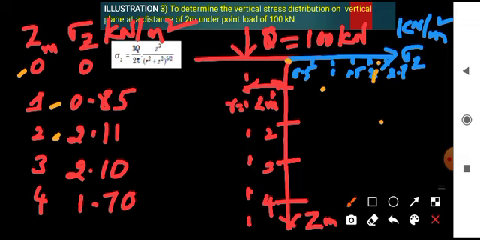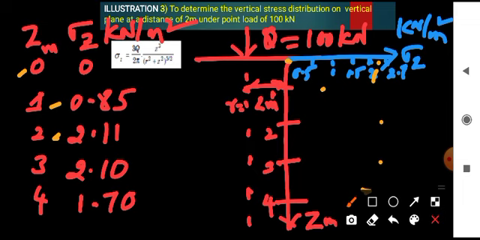Next 2.10, slightly less than that, and the last one is 4 meter, which is nothing but 1.7. 1.7 somewhere here.